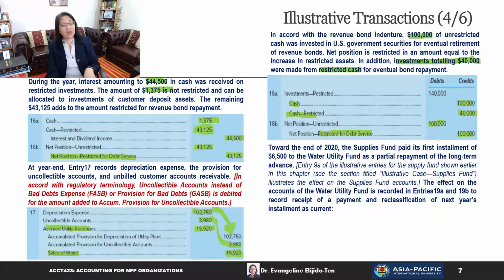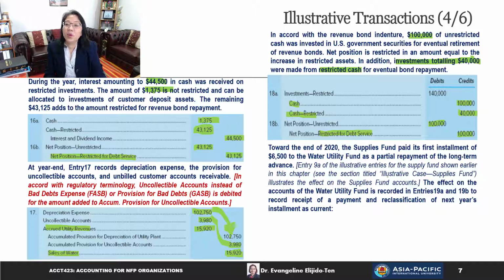Now, toward the end of 2020, the Supplies Fund paid its first installment of $6,500 to the Water Utility Fund as a partial repayment of the long-term advance. So recall that Water Utility Fund made an inter-fund loan to the Supplies Fund.